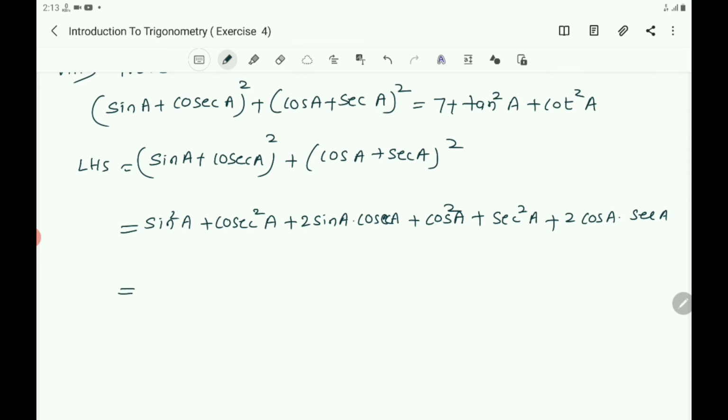Then here you take sin square plus cos square together. You take these two together. So you write sin square A plus cos square A. These two you have taken together.